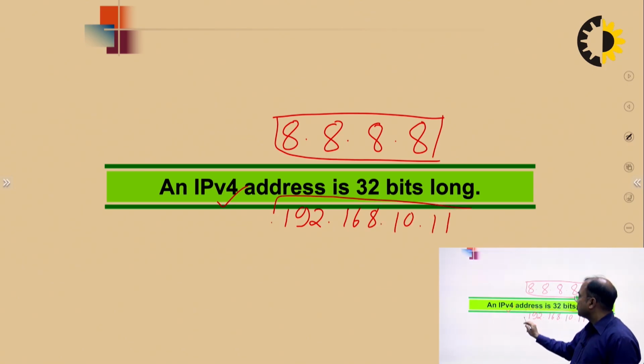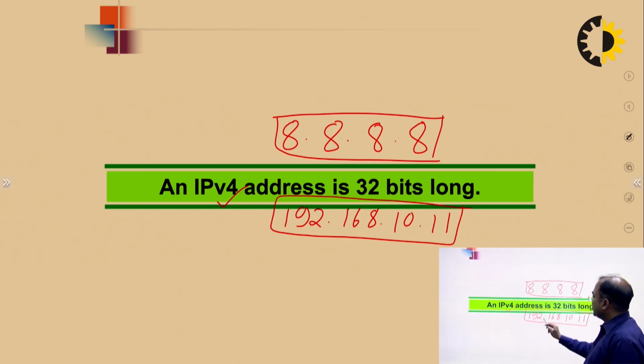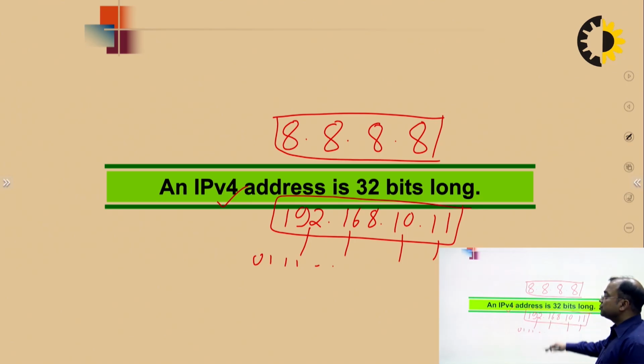This is the format of your IP address, but it is in decimal. For understanding the IP address, we must convert these addresses into binary numbers.